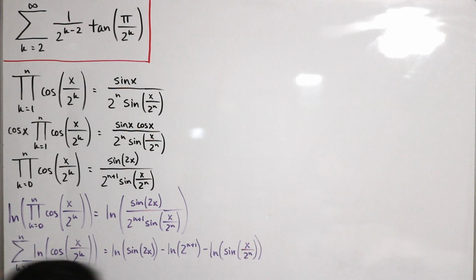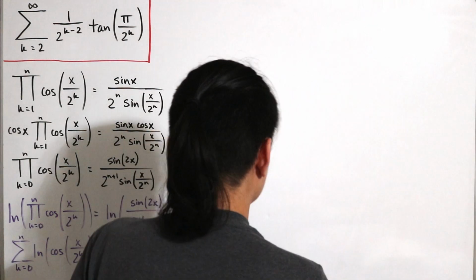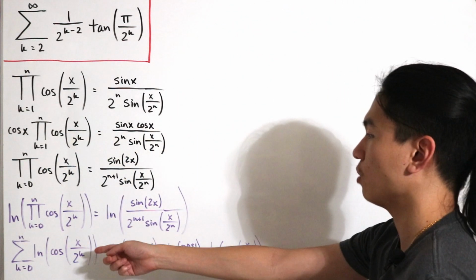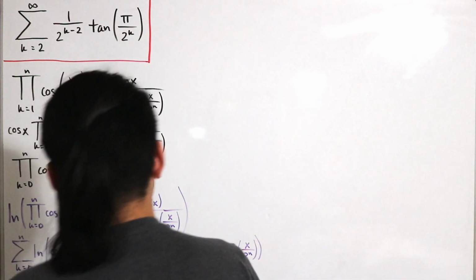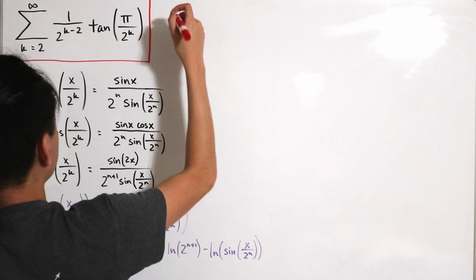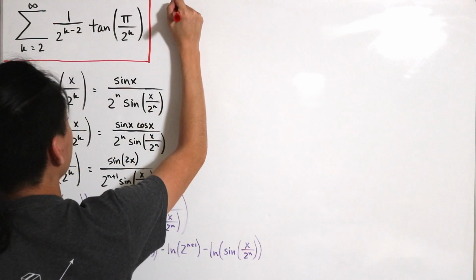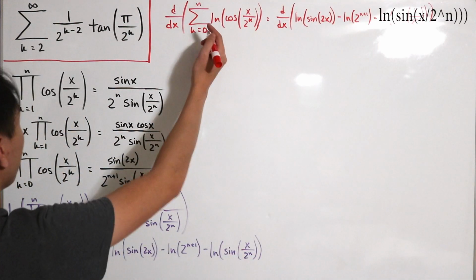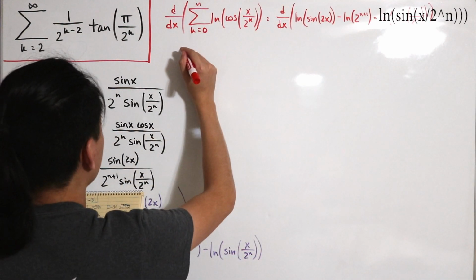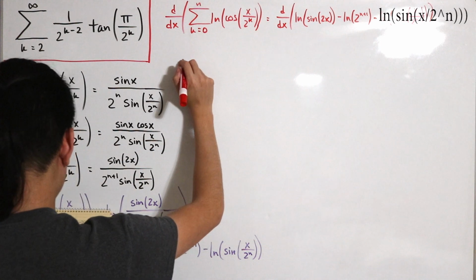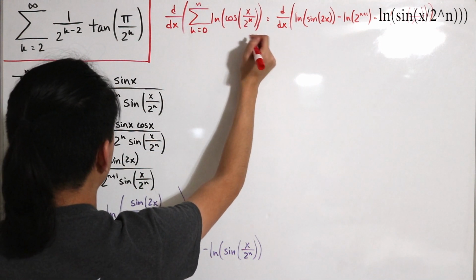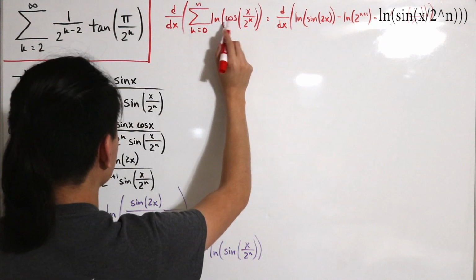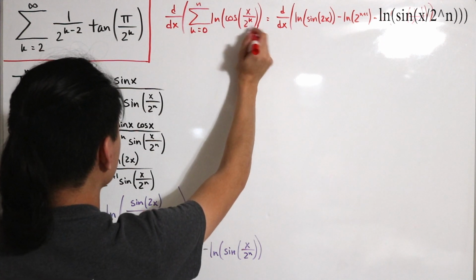So now let's take the derivative of both sides of the equation in respect to x. So here, I'm just going to write the d over dx notation first, and then we can move forward from there. Okay, so taking the derivative of the left-hand side, we get 1 over cosine of x divided by 2 to the power k, multiplied by the derivative of cosine of x divided by 2 to the power k.